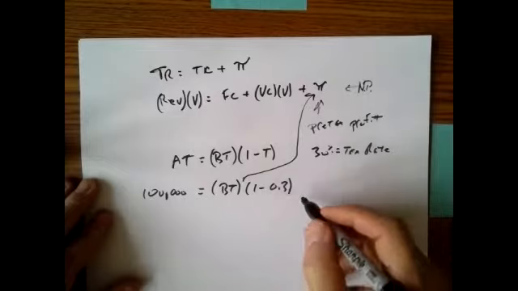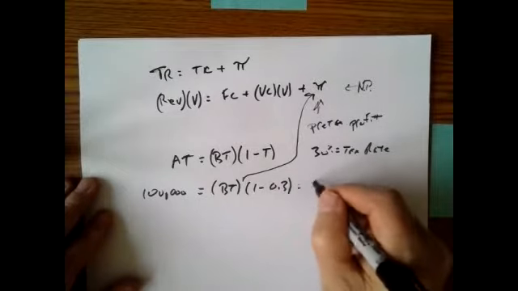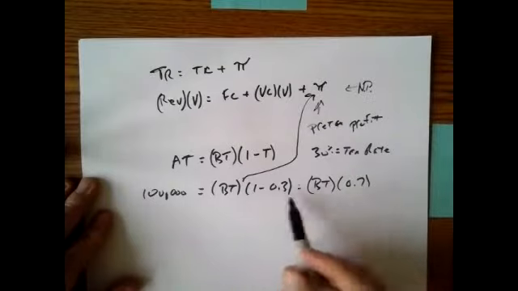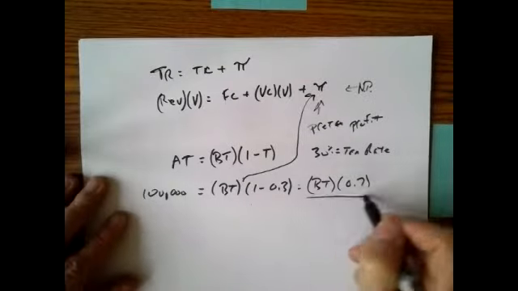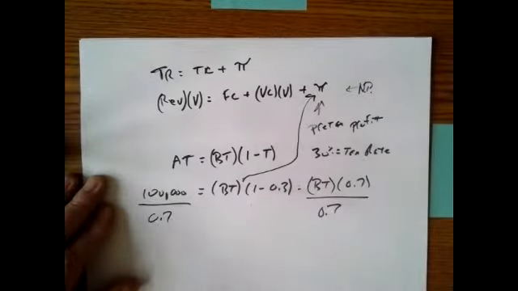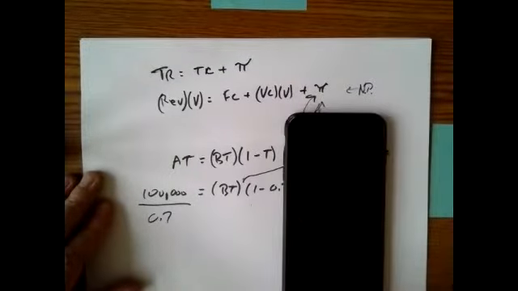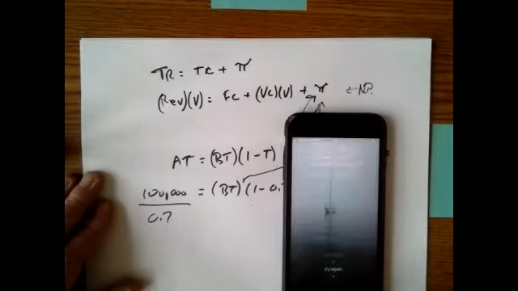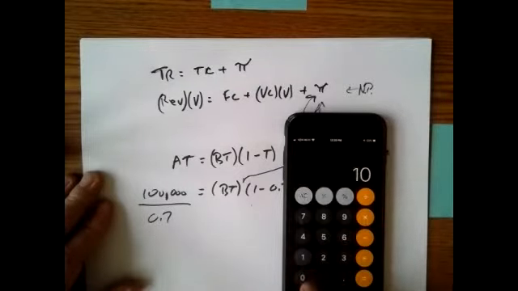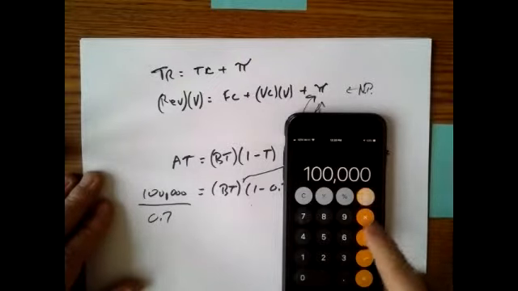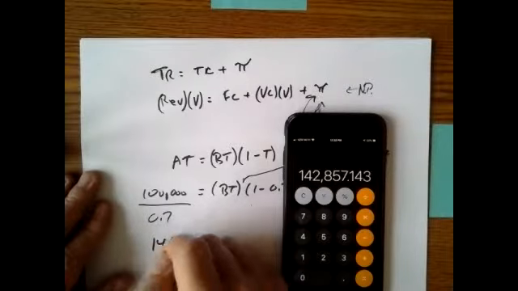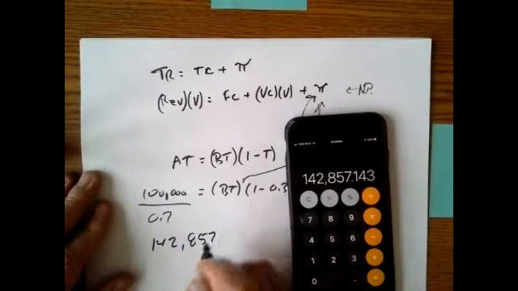So 100,000 is equal to BT times 0.7, because 1 minus 0.3 is 0.7. Divide both sides by 0.7. $100,000 divided by 0.7 gives us 142,857 and some change.